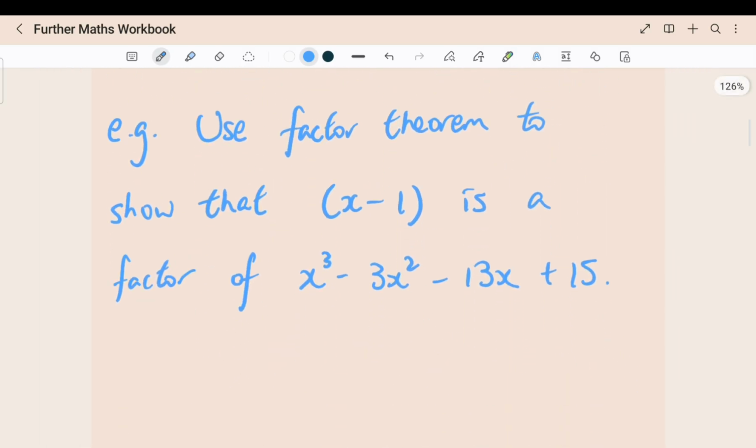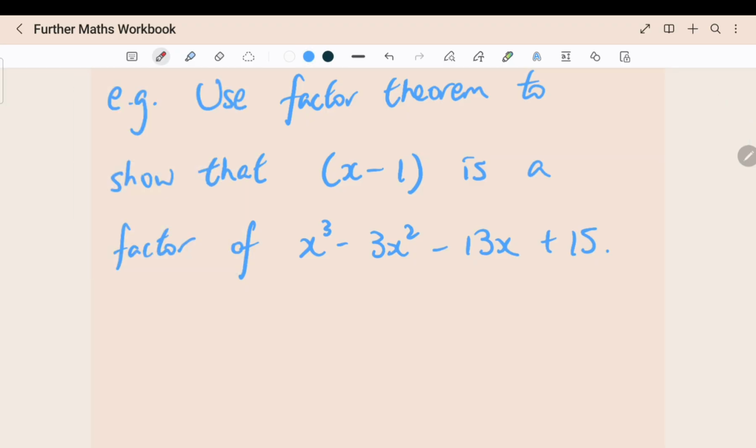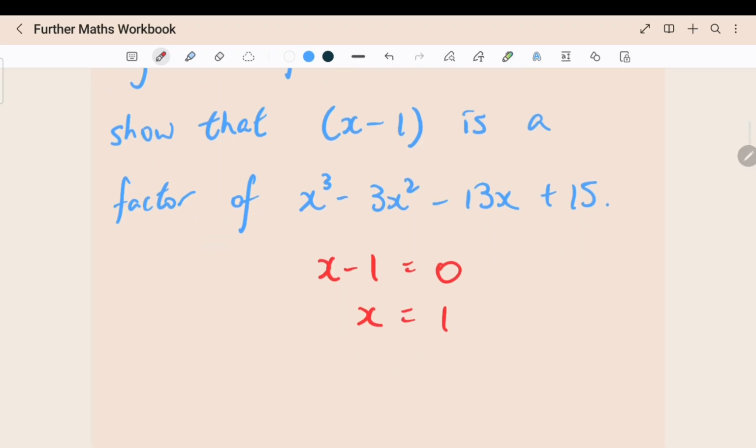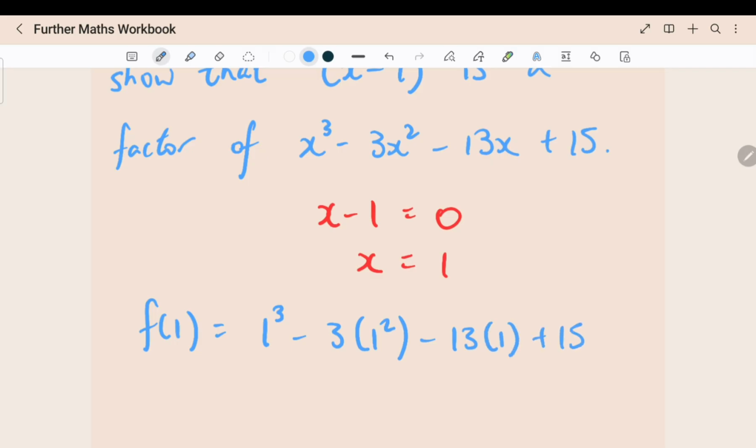So I'm going to show you what this means. So here I have a cubic with x minus 1 being a factor. So all I need to do is set x minus 1 equals 0 and then solve for x. And when we solve for x, what we're hoping to happen is that when we put in x equals 1, we're going to get 0. So let's have a look. f of 1 gives me 1 cubed minus 3 times 1 squared minus 13 times 1 plus 15.